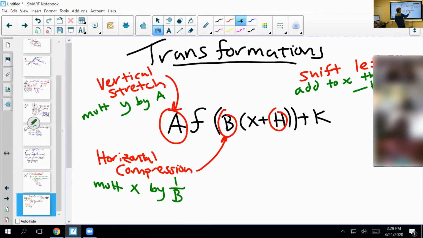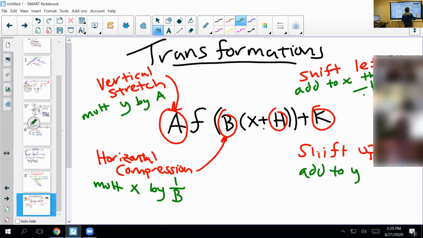It's a positive H in the formula over here, but it's a negative H over here. And then finally, the K is a shift up. And that's you add to the Y value, the value K. So there's plus K, that one doesn't switch.